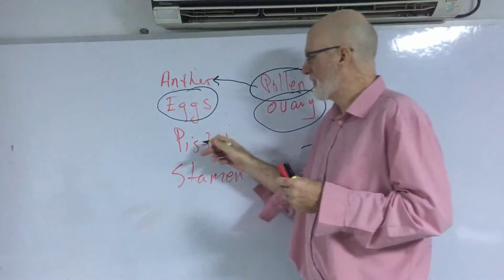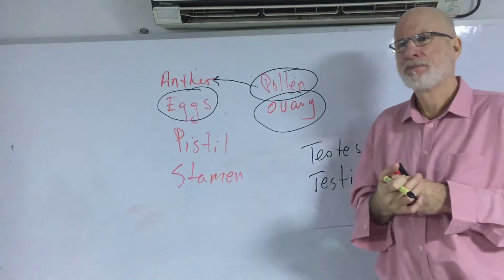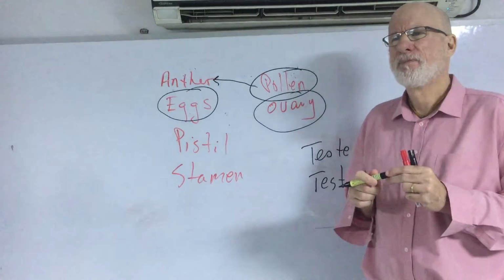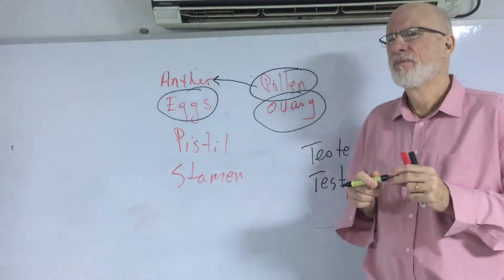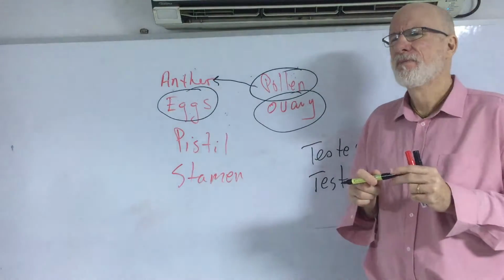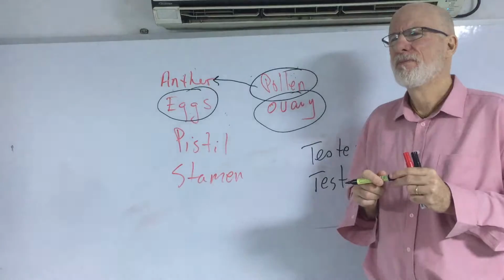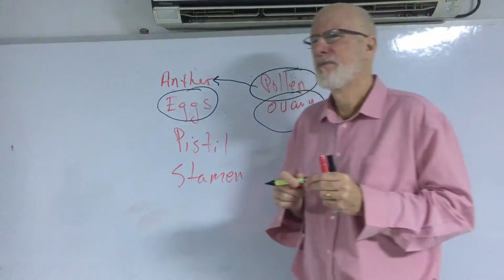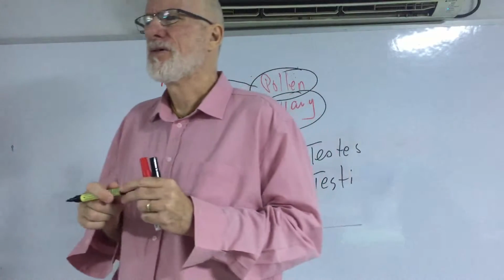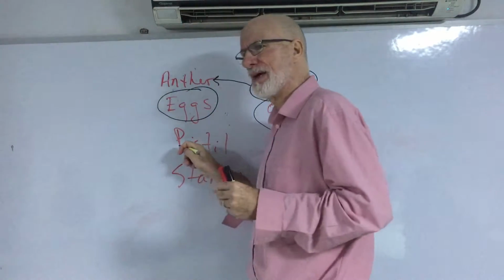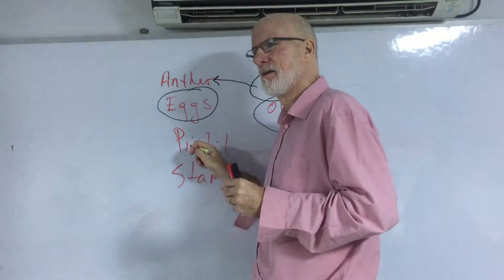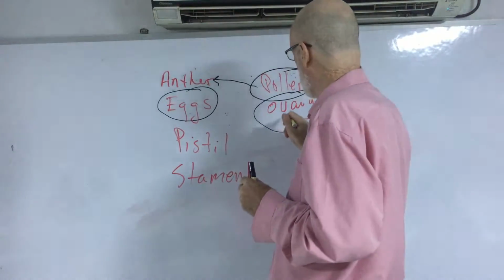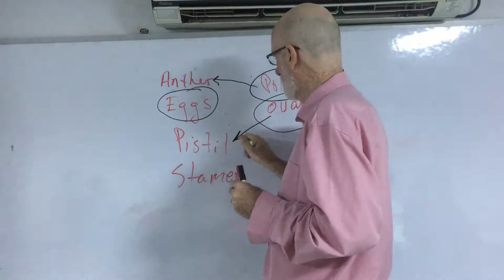What's the pistil? The pistil is the base of the ovary. The ovary is the structure, and the pistil is the base. The pistil is where the ovary is.